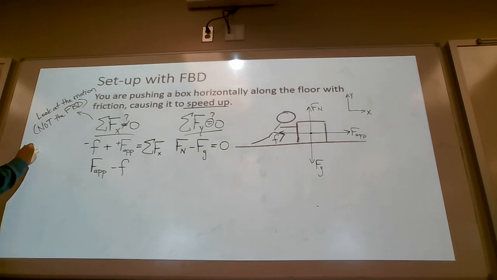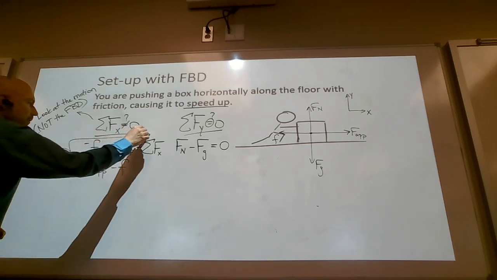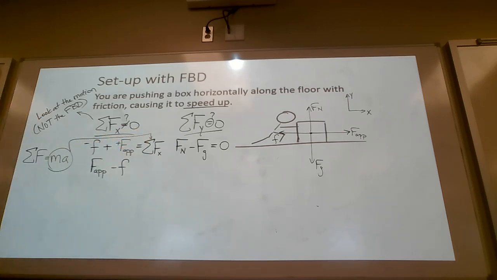Now, how is that helpful? Because we know Newton's second law is true. The net force is equal to mass times acceleration. Okay with that? So what we can do here is take that quantity, mass times acceleration, and substitute in for net force or total force.